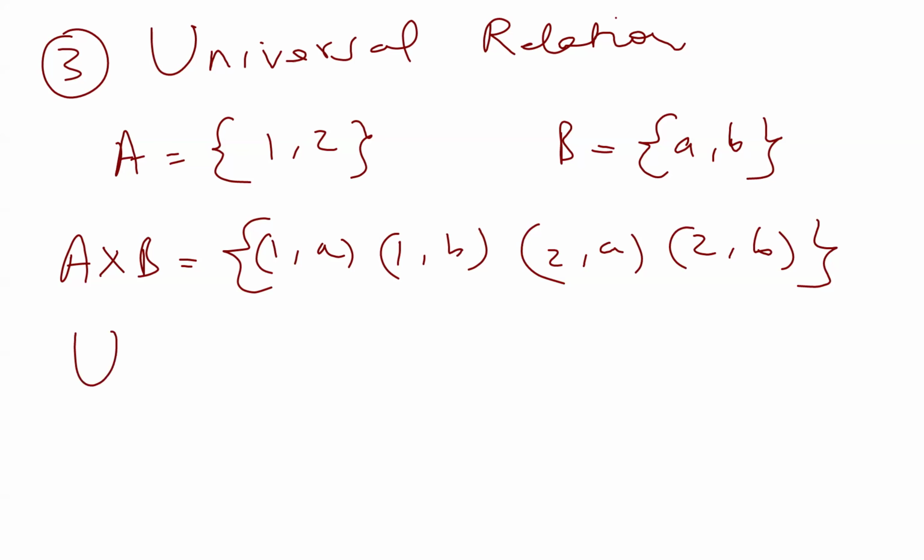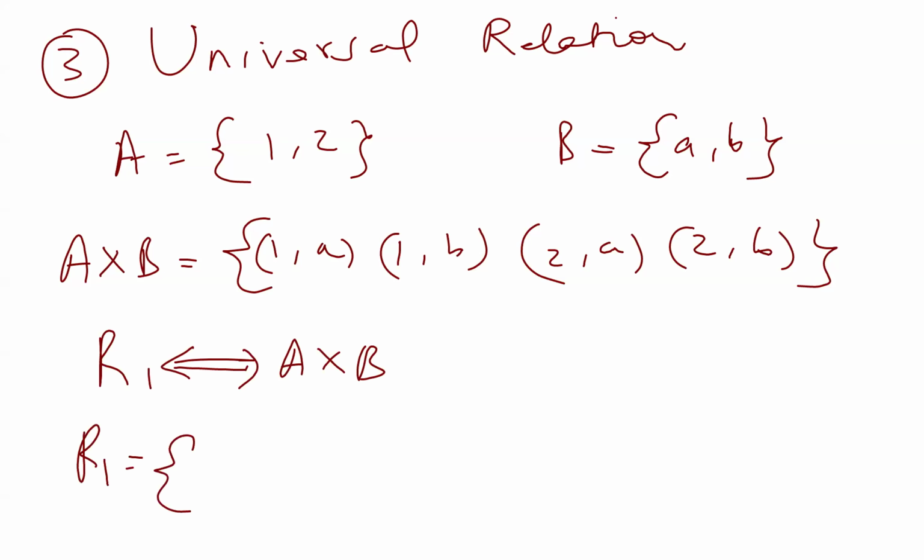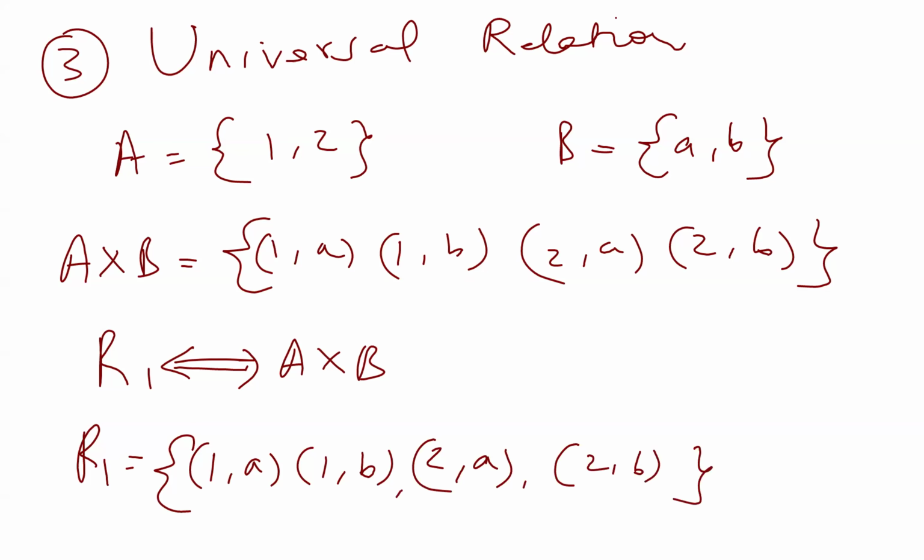So universal relation. If R1 is a universal relation, it is exactly equal to the Cartesian product. They both are same. They both have to be same. It's not a subset. It should be entirely similar or same as that of the Cartesian product. So R1 will be (1, a), (1, b), (2, a), and (2, b). This is the universal relation.